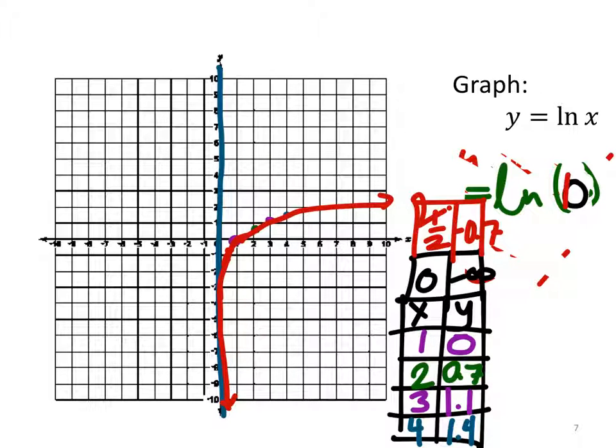Now mine's kind of touching it because of the thickness of the line, but it's never actually going to touch that line, okay? And the closer to 0 you get, so if I did the natural log of 0.0001, I get negative 9.2. So again, that x value is very close to that blue line, even though it's not actually touching it.